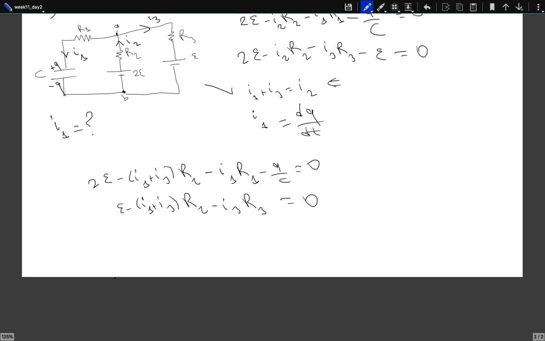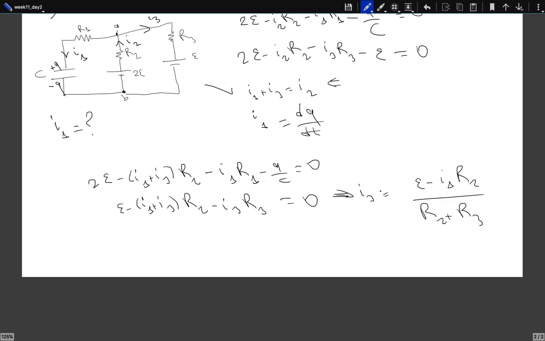I3 is, well, let me just use this one to solve for I3. That equation tells me that I3 is (epsilon minus I1 R2) divided by (R2 plus R3). Here, epsilon minus I1 R2 is independent of I3, and the I3 terms have the coefficient R2 plus R3.